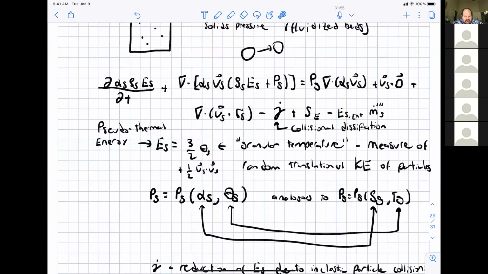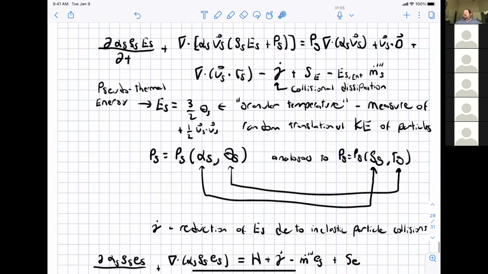Where this equation factors in is that we derive what's called a granular temperature. It is not related to the normal thermodynamic temperature. It is its own thing, just given the term. It's the same concept as a kinetic temperature for a molecule.